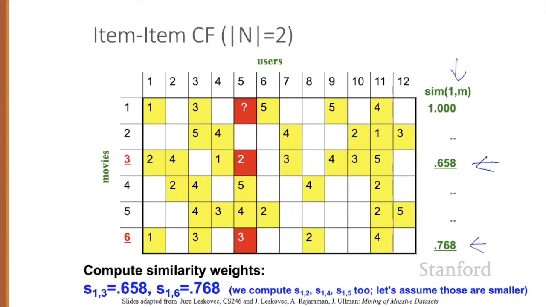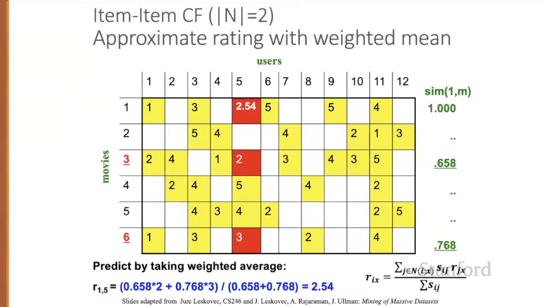In real life, of course, we'd have to compute the similarity of all the movies to movie 1 in order to find the 2 most similar, but I'm cheating by telling you that all the other estimates are smaller. So we just need the 2 most similar movies because we're doing n equals 2. So now we just take the weighted average of this 2 and this 3 to fill in the blank for movie 1.